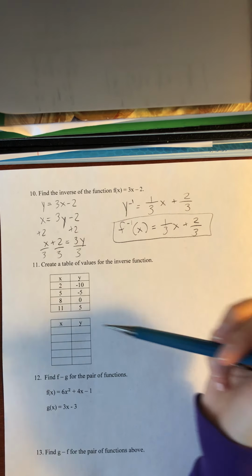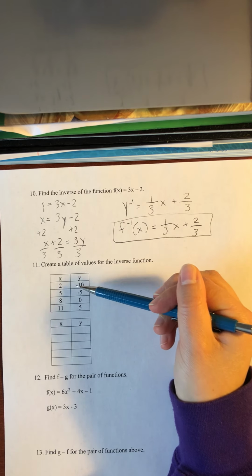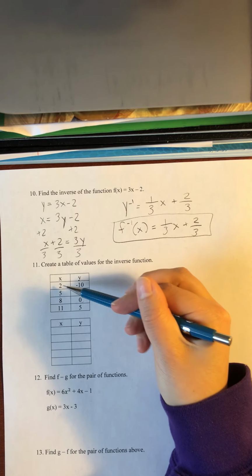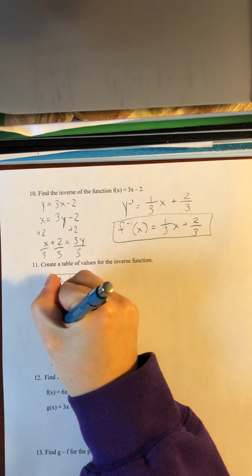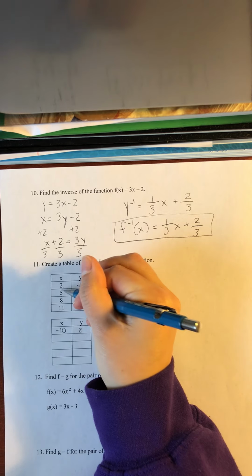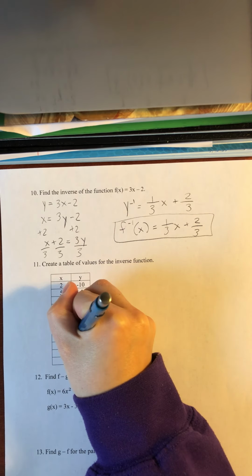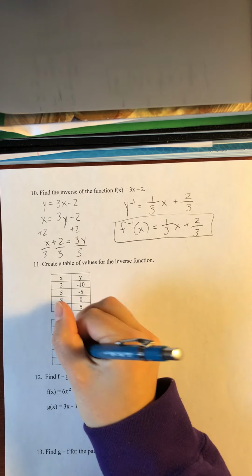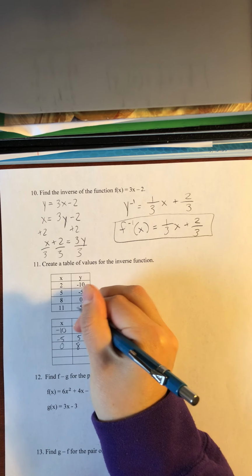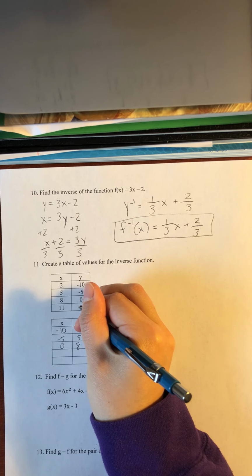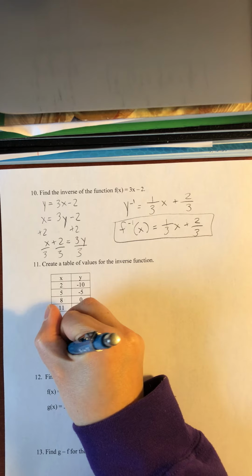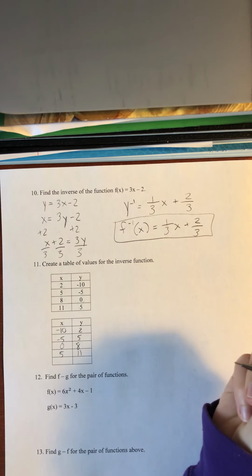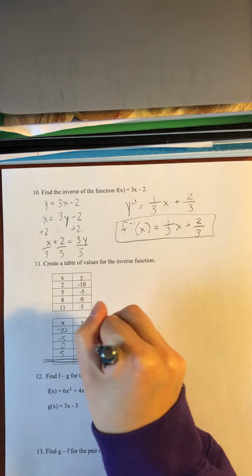This is super simple. Inverse function means you just flip all of your x and y values. So instead of 2, -10, it's going to be -10, 2. Instead of 5, -5, it's going to be -5, 5, 0, 8, and then 5, 11. And there's an extra box here, I'm not quite sure why.